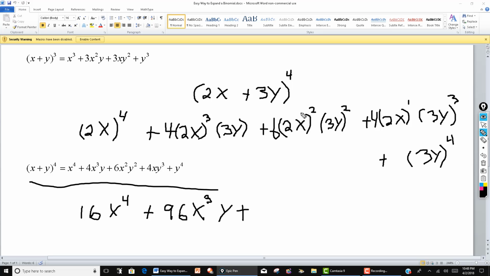So on this one here, this would be 2x squared. This would generate 4x squared. And then 3y squared would be 9y squared. Okay, so that's just a matter of multiplying those out. And we get 216 x squared y squared.